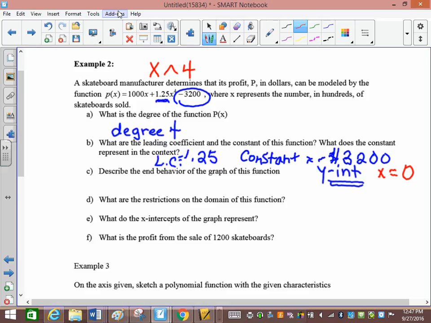And then x max, I'm going to make be 20. That's 2,000 skateboards, right? 20 hundred skateboards. And I'm going to make the x scale be 1, you can still see it. Actually, I'm going to make it 2. So right now I have my x minimum at 0, my x maximum at 20, so that's 2,000 skateboards, my x scale at 2, my y minimum at negative 3,200, my y maximum at 3,200, and my y scale at 500. That's graph it.